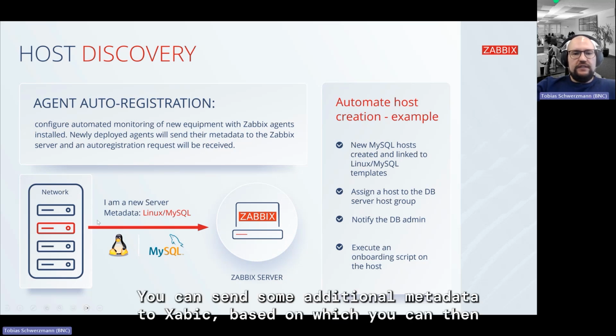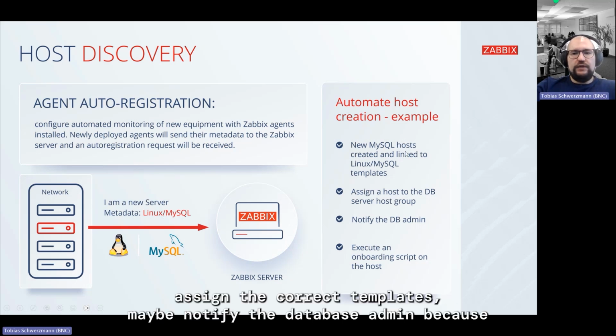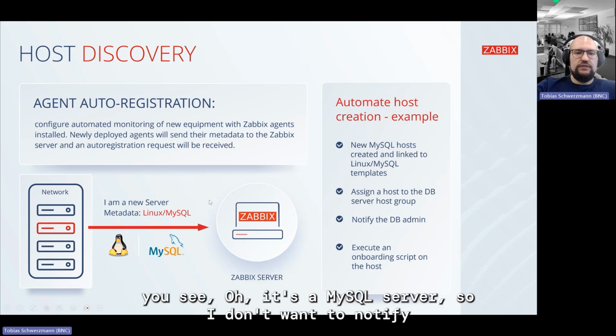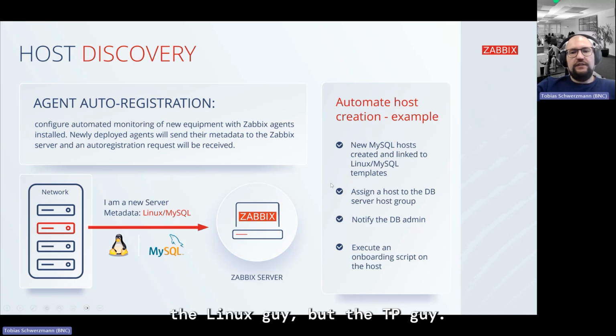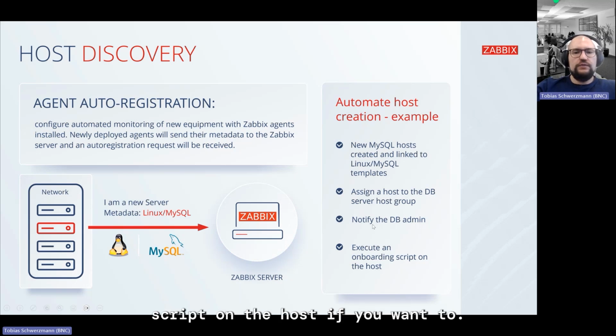And you can send some additional metadata to Zabbix, based on which you can then define some actions to assign, as you can see here, the correct templates, maybe notify the database admin, because you see, oh, it's a MySQL server, so I don't want to notify the Linux guy, but the DB guy. And you can also, of course, execute some onboarding script on the hosts if you want to.